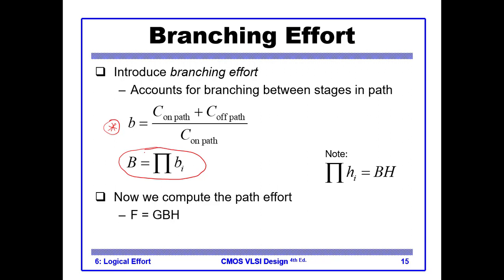So now we can change the formula of capital F to include the branching factor, which is F equals G into B into H.